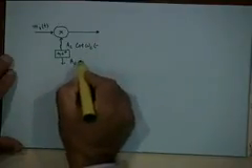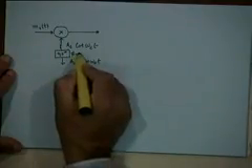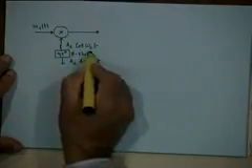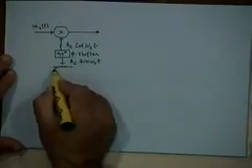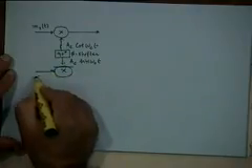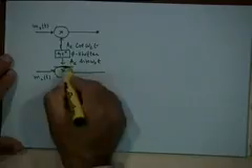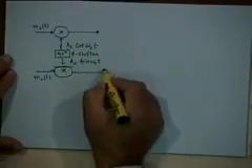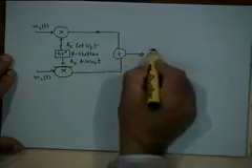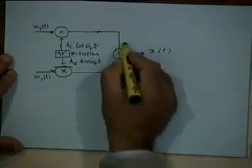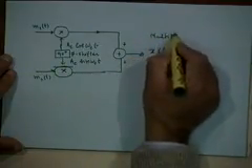Here you will have A_c sine omega_c t. This is a 90-degree phase shifter. And the second message signal is coming here, m2(t). You multiply this with A_c sine omega_c t, and these two are added together and transmitted as the multiplex signal. So this is a multiplex signal.